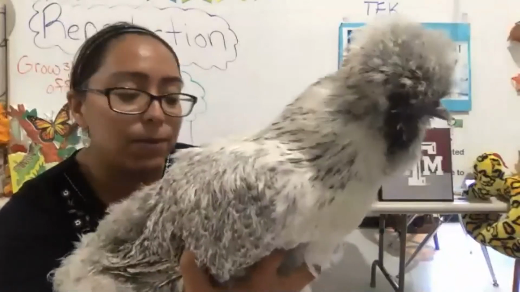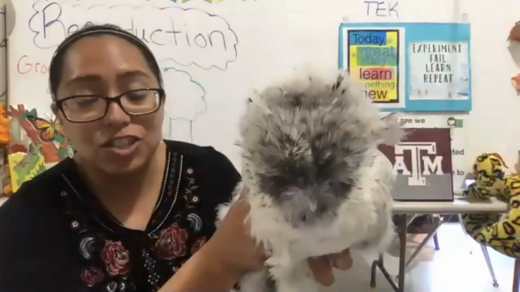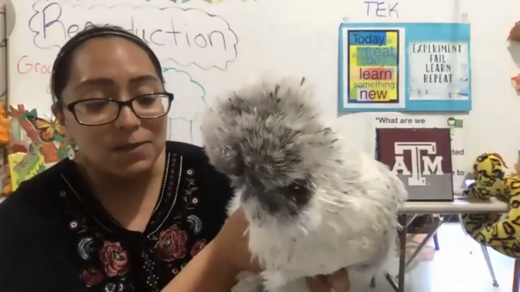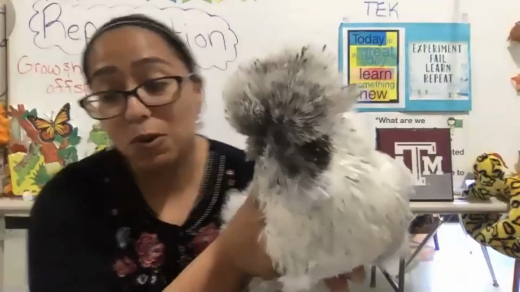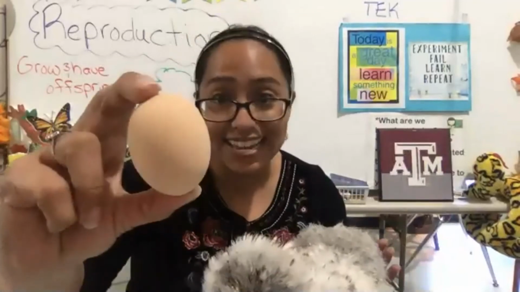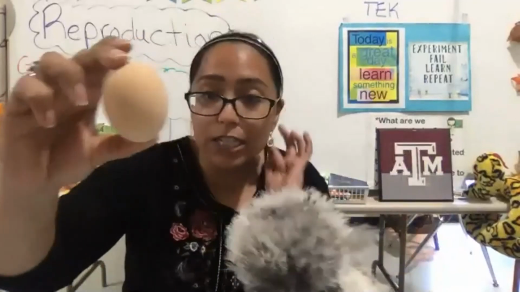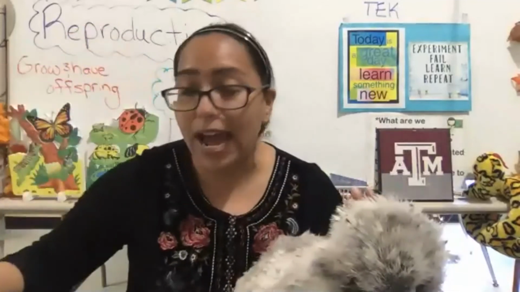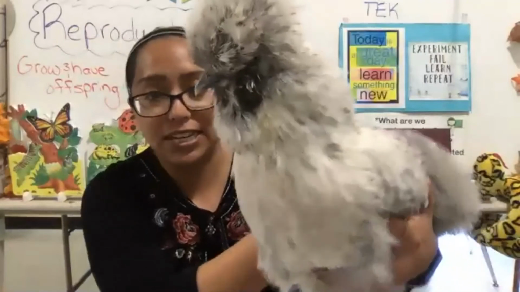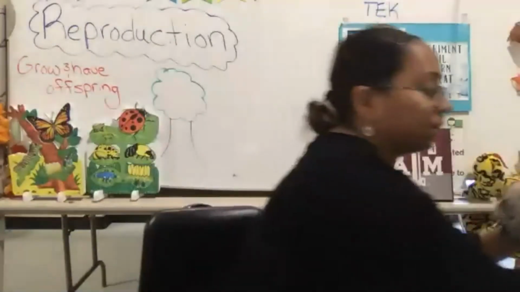And we know that Pepper is a living thing because she needs food, she eats, she drinks. She can also reproduce. Sometimes she actually lays eggs. So she does have the ability to reproduce or have young and offspring. So that's Pepper, the chicken. I'm going to go ahead and put her up.